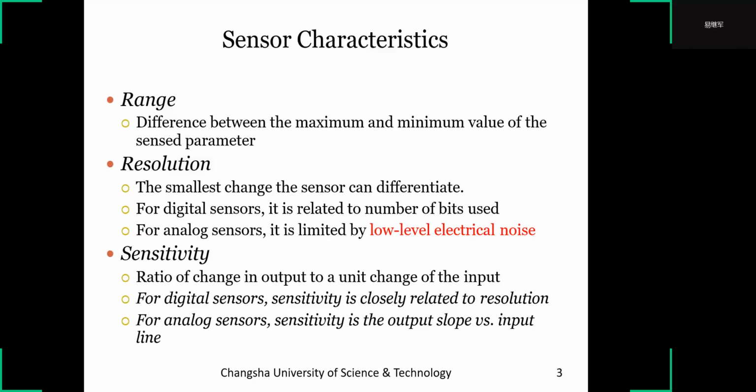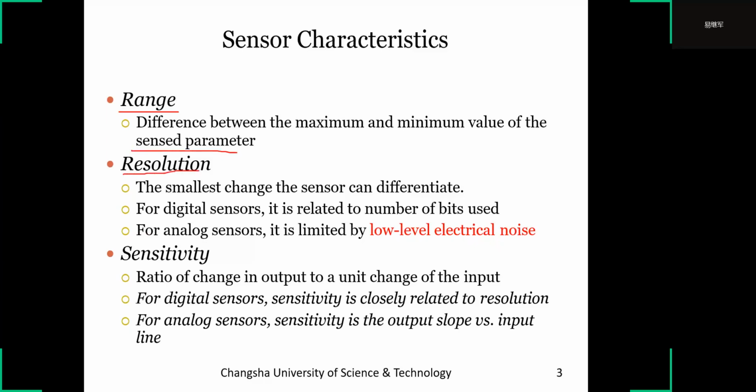Sensor characteristics. Range: the difference between the maximum and the minimum value of the sensor parameter.